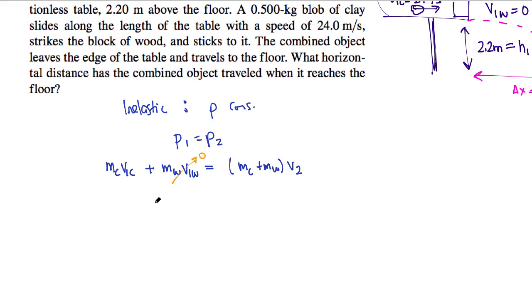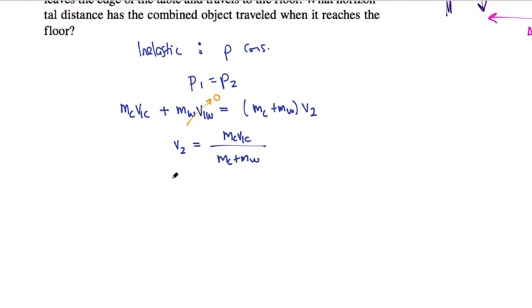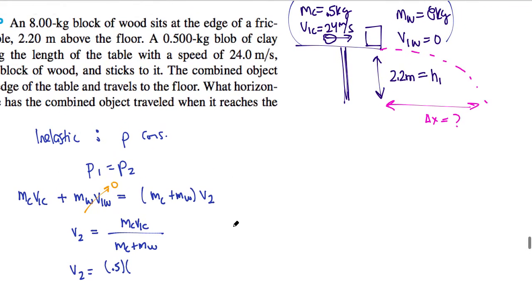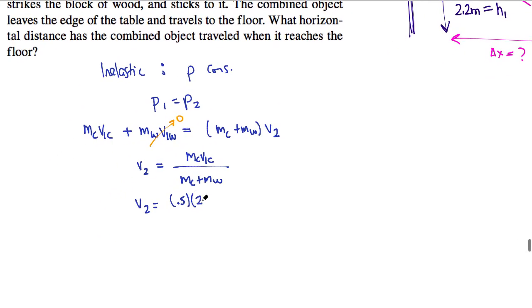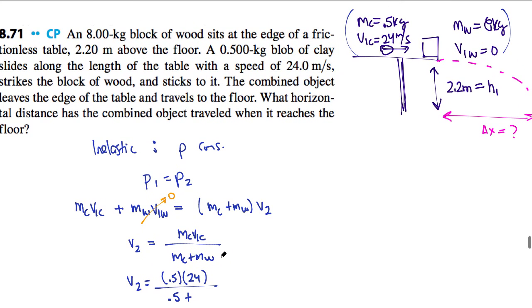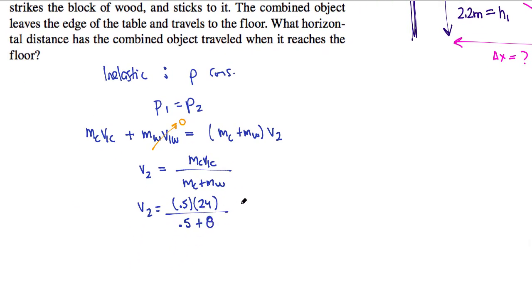So my second speed with which they move together will be the mass of the clay times its initial speed over the mass of the clay and the mass of the wood together. Plugging in values, the mass of the clay is 0.5 times its initial speed of 24 meters per second, over 0.5 plus the 8 kilograms of the wood.